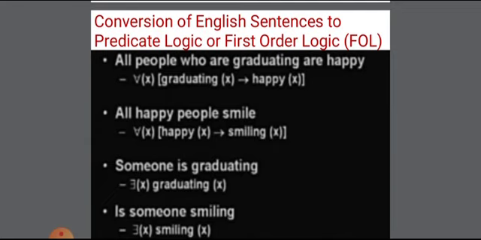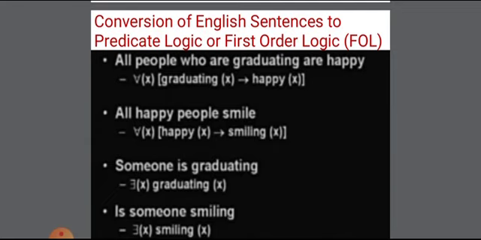The third sentence, someone is graduating. Here the word someone is used, so we use the existential quantifier: there exists x such that graduating of x.